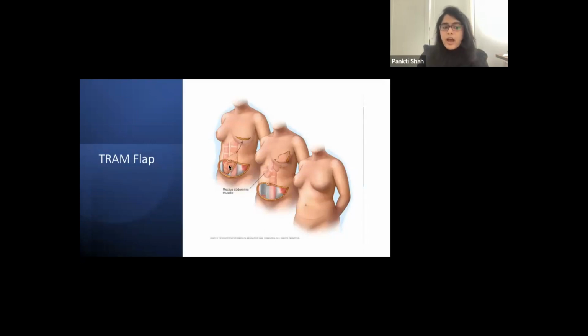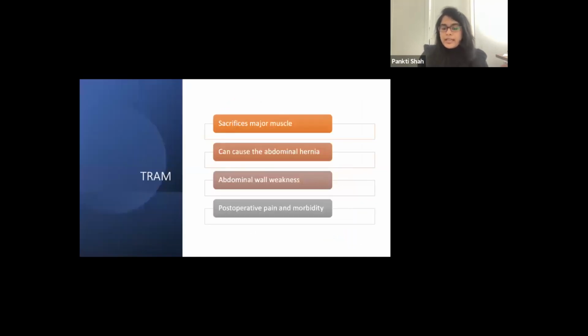In this picture, we can see that the rectus abdominis flap is detached from one side and then taken to the chest to create a new breast. Now, the problem arises when both sides of the rectus abdominis muscles have been used to create both breasts. It caused abdominal muscle weakness and in turn an abdominal hernia.